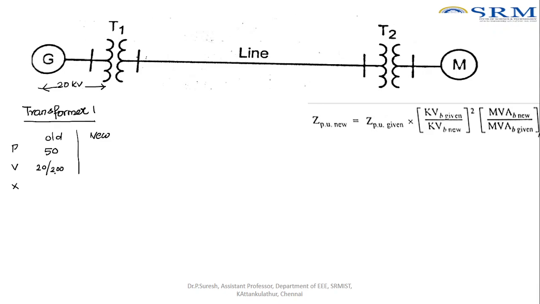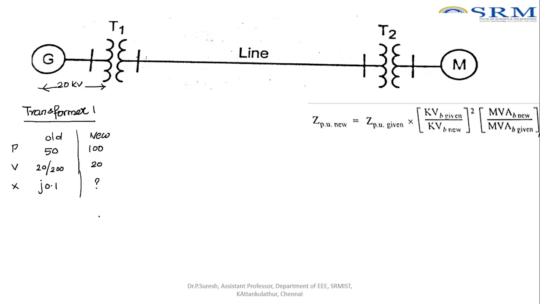And then the reactance value is given as 10%, so it is J 0.1. And the new value of power is 100, because this is what we considered. And the new value of voltage is not going to be changed, it is 20.